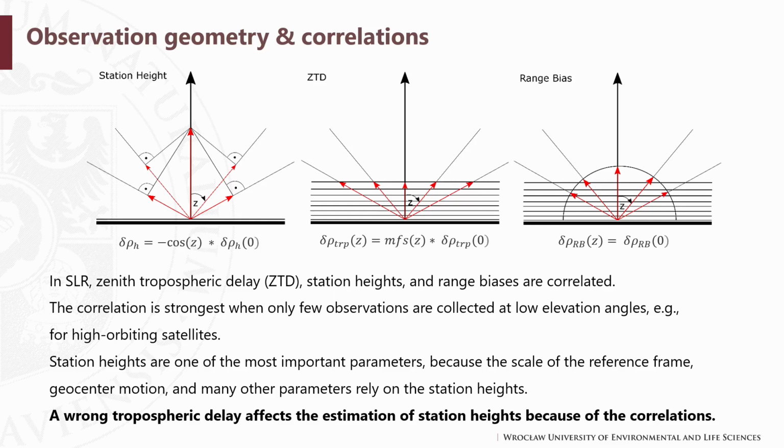To decorrelate station heights, troposphere delays, and range biases, we need to have observations at low and high elevation angles. Otherwise, we end up with very strong correlations between these three parameters.